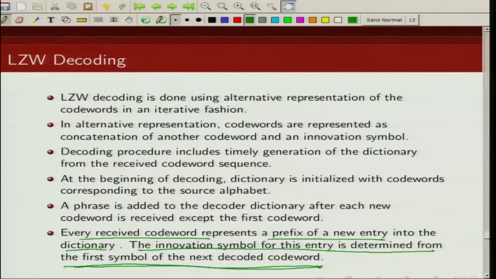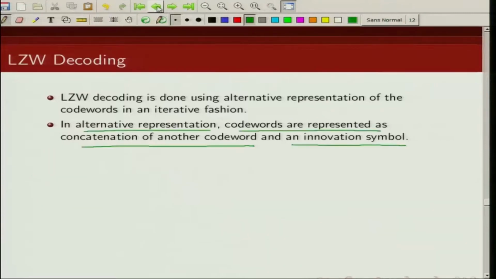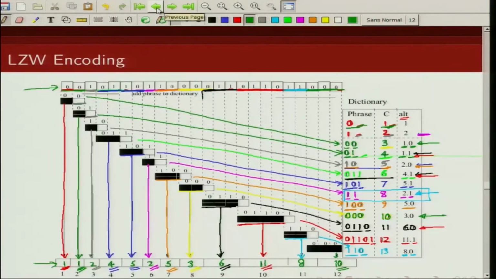If you go back here and look at this example, in each case, let's say we are encoding this, we are encoding 1 0, and this new innovation symbol gets encoded in the next sequence. Same here, we were putting 0 1 0 into the dictionary.